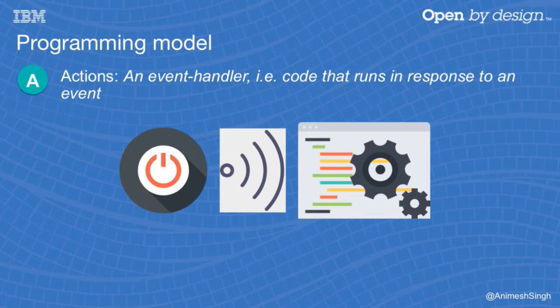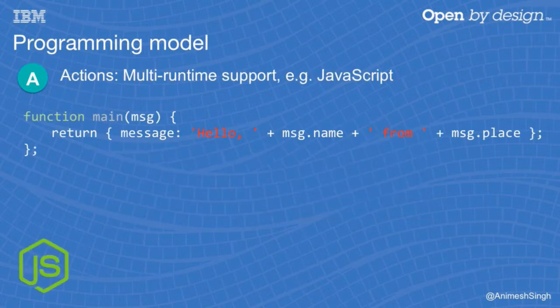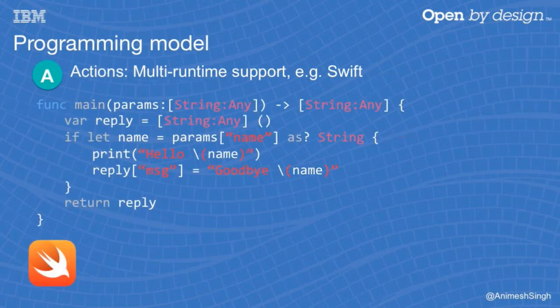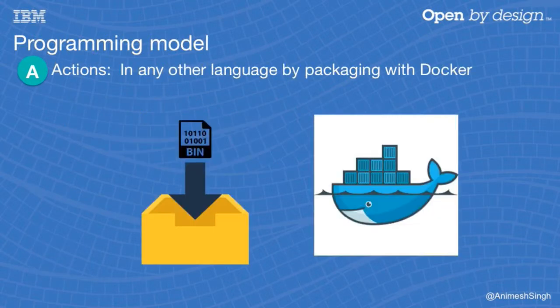Actions are essentially event handlers, code that runs in response to an event. Actions can be written in different languages in OpenWhisk. You can write an action in JavaScript, or in Swift, which is becoming one of the more popular languages around. Or you can write it in any other language by packaging it with Docker containers.